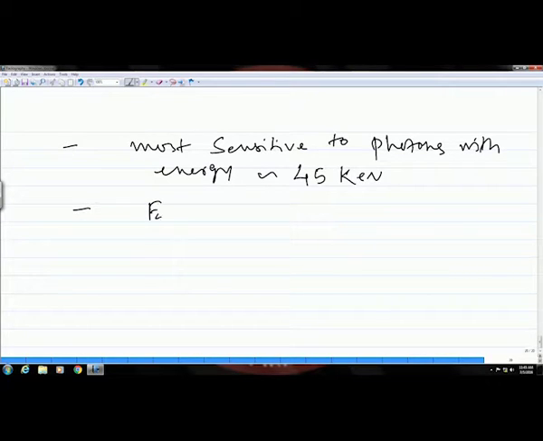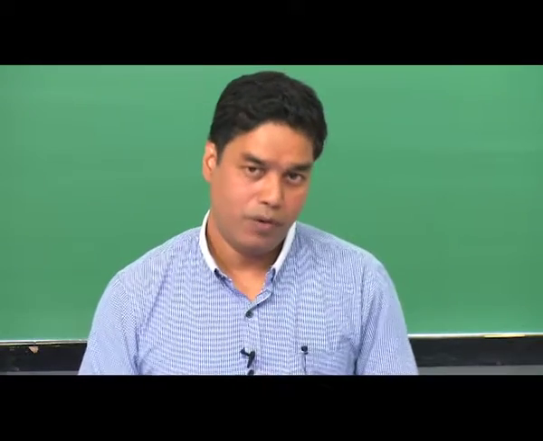And the efficiency of the image formation can be improved by using what are called intensifying screens, which we are going to talk about a little later.